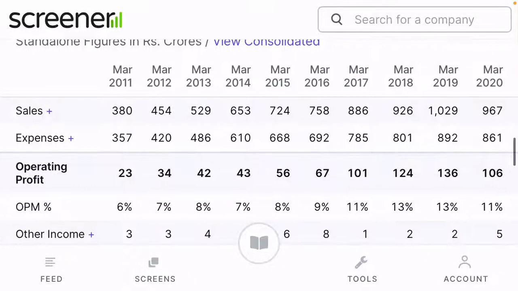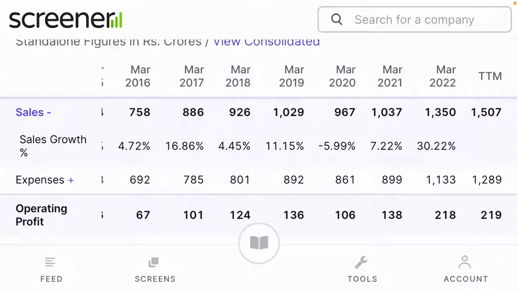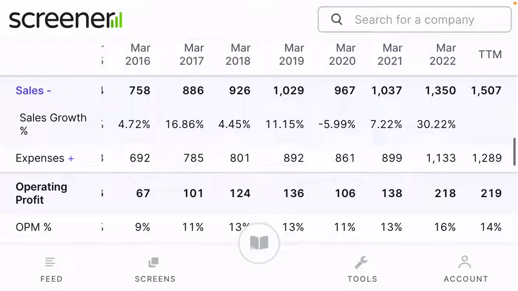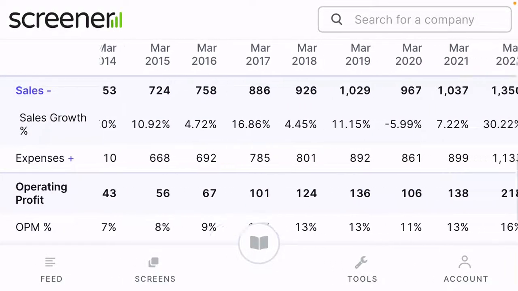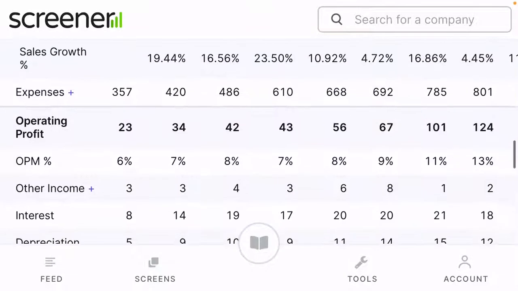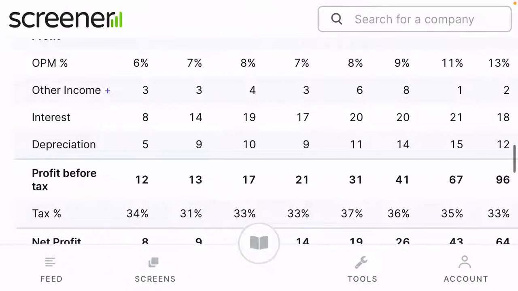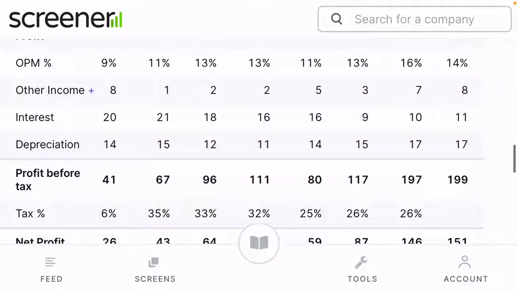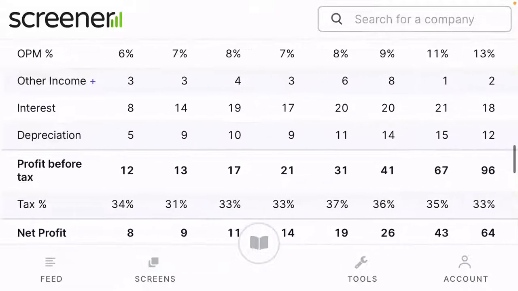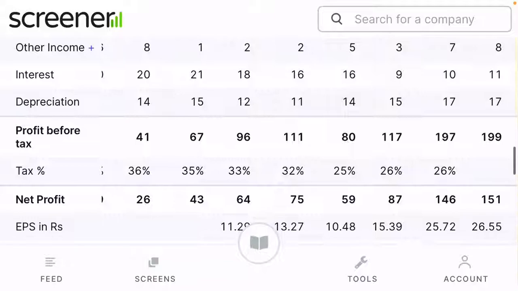If you talk about the yearly sales, in 2011 the sales were 380 crore, but now they have increased to 1500 crore. What an exponential improvement in overall sales by this company. Operating margin was 6%, now improved to 14%, which is a positive sign. Sorry, interest reduced from 19 crore to 11 crore in the last few years.